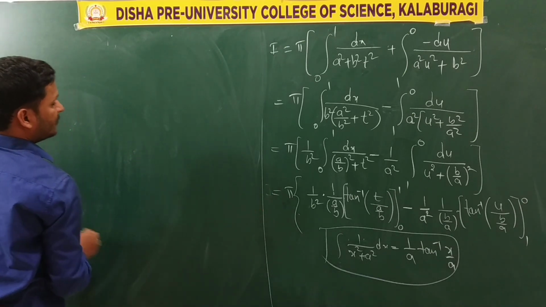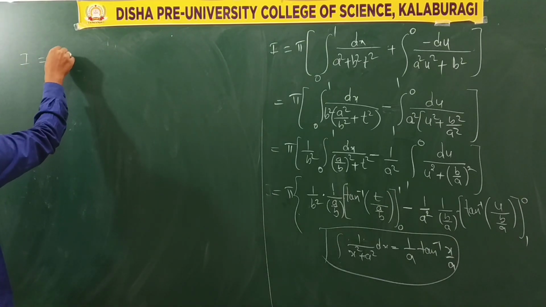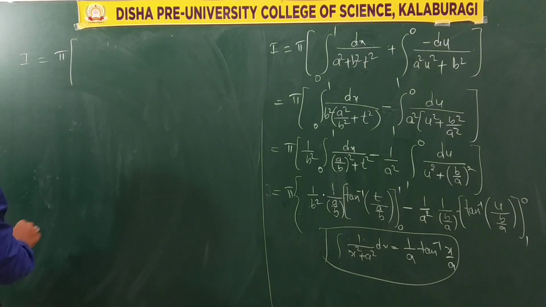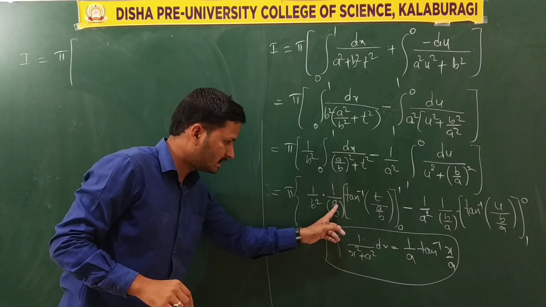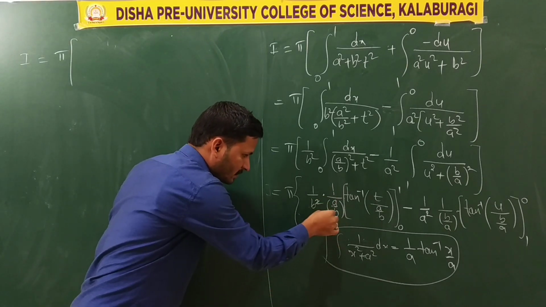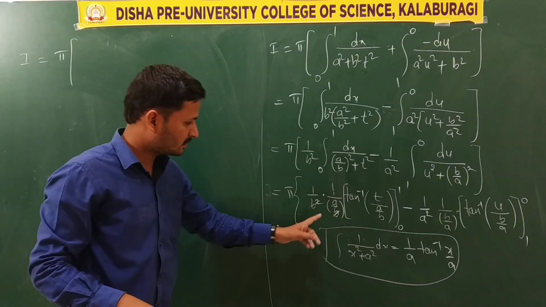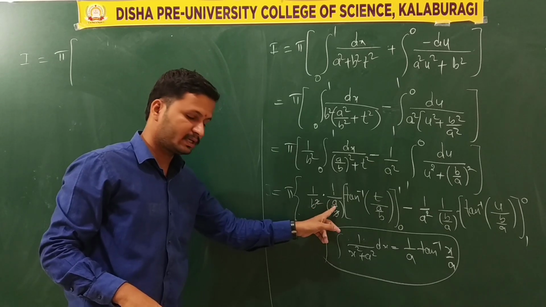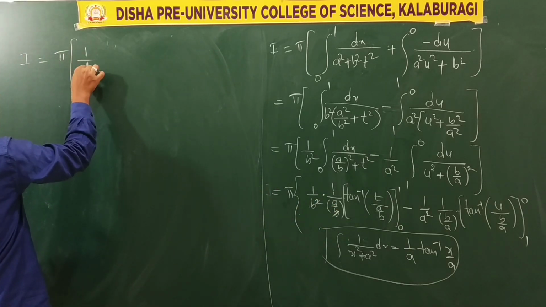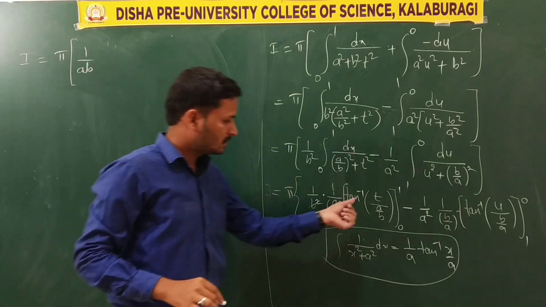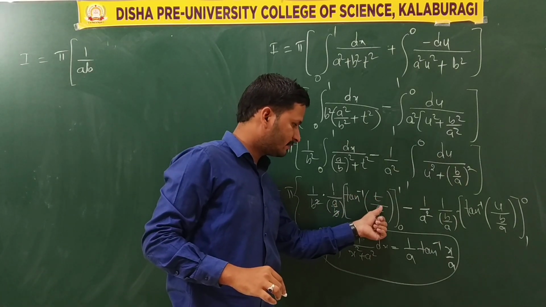So pi as it is, so the integral is pi times of 1 by b square into 1 by a by b. So here b and this b cancelled. Remaining only b into a, so 1 by ab. Next, here tan inverse of t divided by a by b.